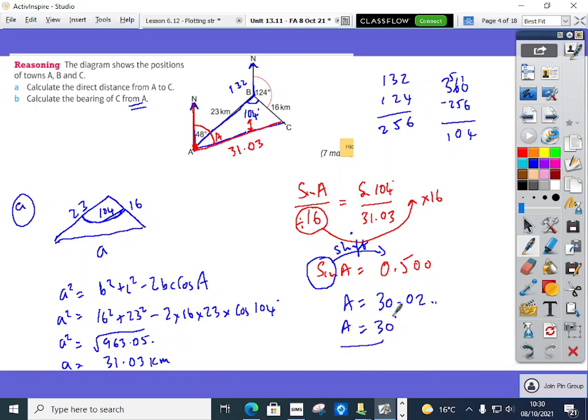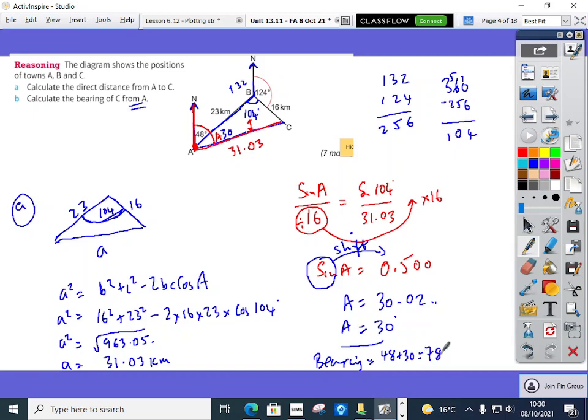Now, if that's 30 and that's 48, the bearing of C from A is going to be 30 plus 48. Before I write the bearing, if I wrote the bearing is 30 plus 48, I get 78.